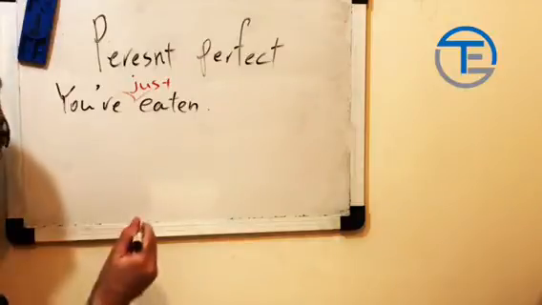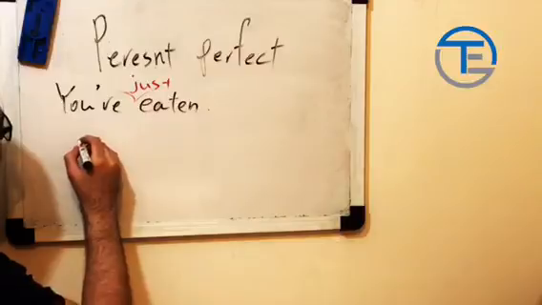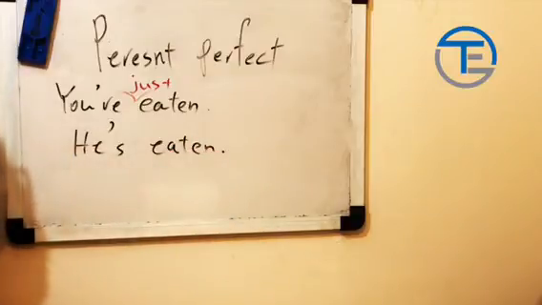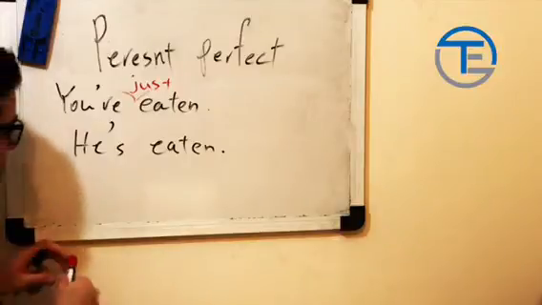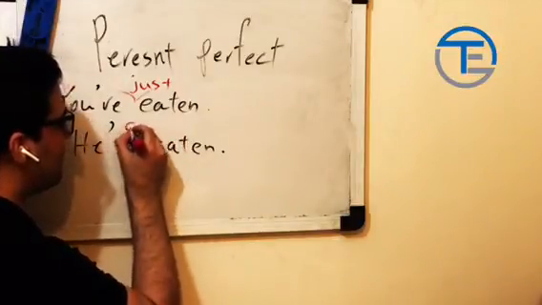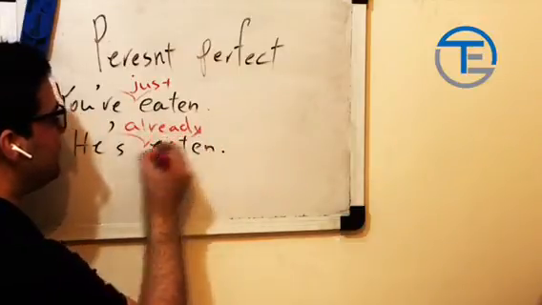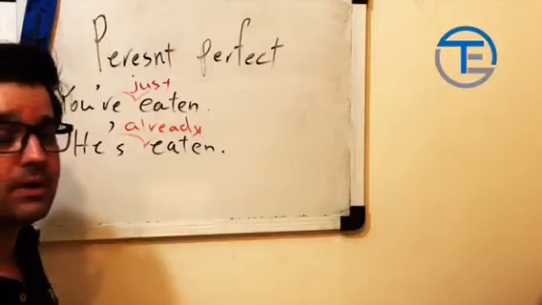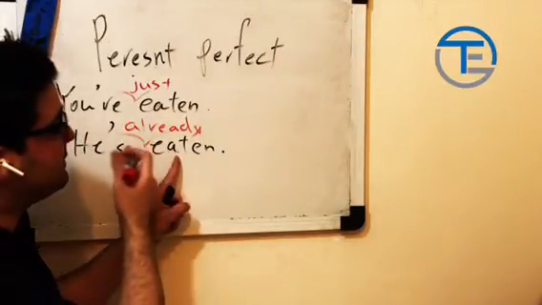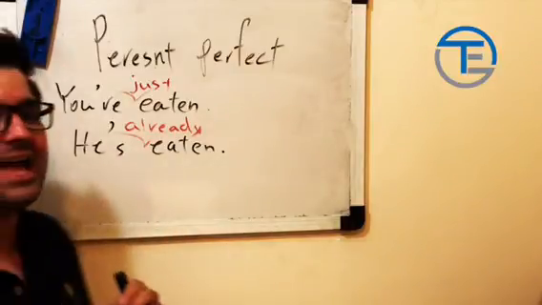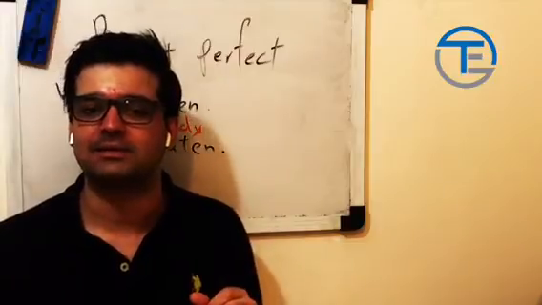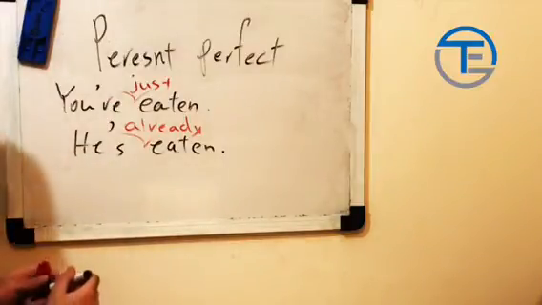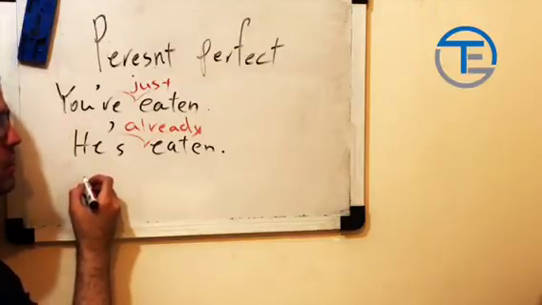You can use, he's eaten, and we want to write already. If you see already before the past participle of this verb, it means the action is complete. The action is complete. Okay, another example.